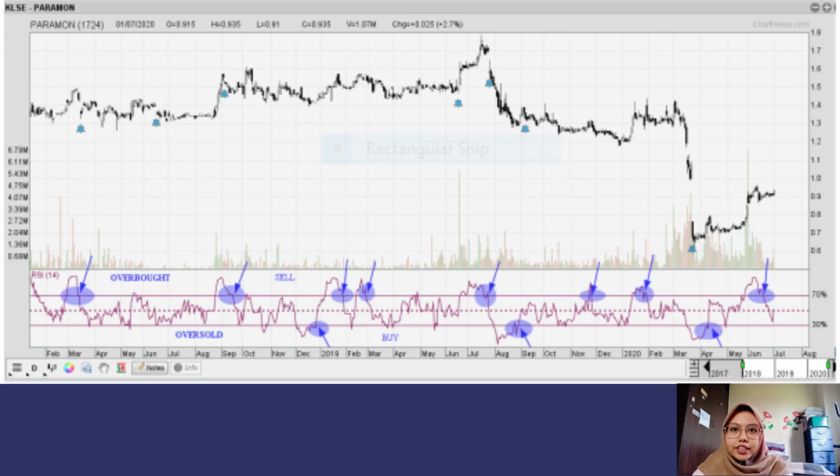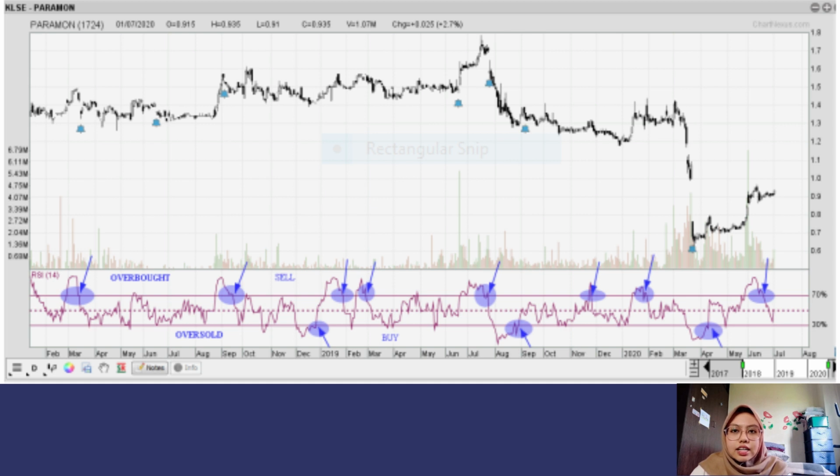The chart conveys the buy and sell signals for Paramount Corporation Berhad using the RSI from 2018 to January 2020. As we know, a low relative strength index level of 30 generates a buy signal, whereas a high relative strength index level of 70 generates a sell signal.